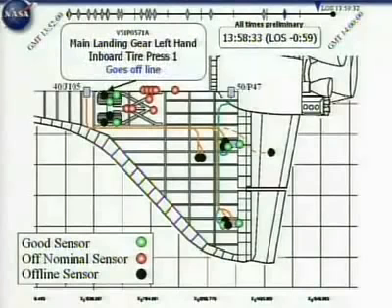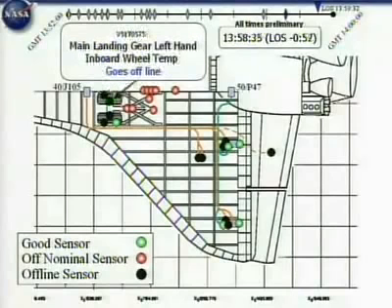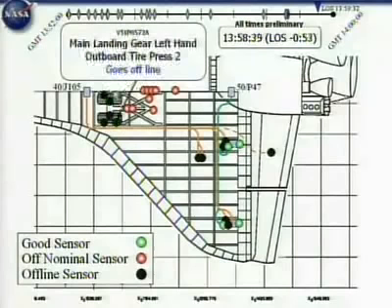Next chart's the main landing gear left-hand inboard wheel temperature goes offline. Next chart, main landing gear left-hand outboard tire pressure goes offline. Next chart, main landing gear left-hand inboard tire pressure, number 2, stops working. I believe that's the last chart.